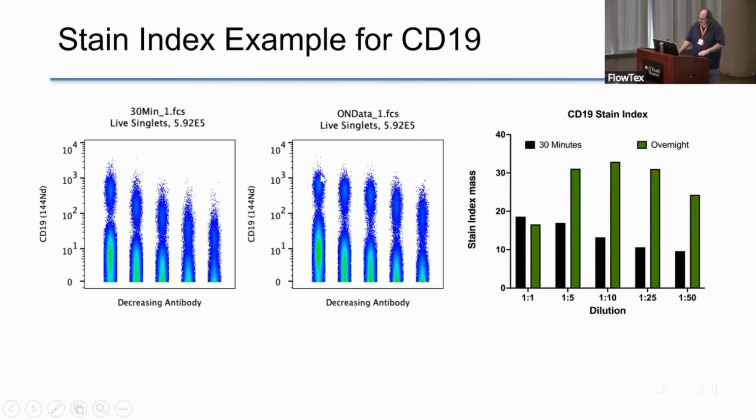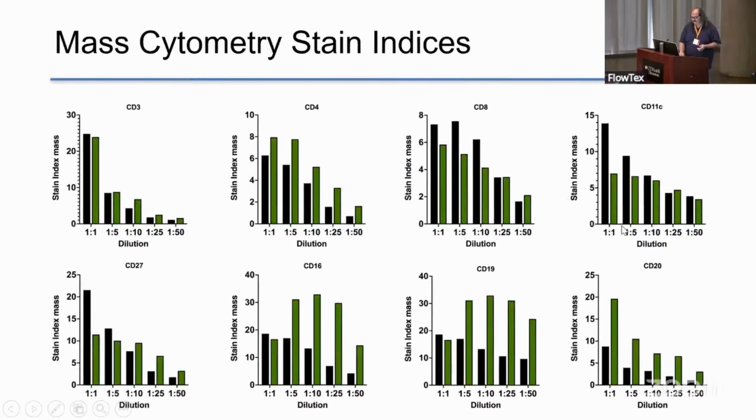Anyway, from now on, we're only going to be looking at stain indices. Here's the first 8 sets. The black bars represent the 30-minute stains. Green bars represent overnights. For many of them, I think Standard BioTools did an excellent job with their titrations, because you'll see that what their manufacturers suggested is actually usually the best.